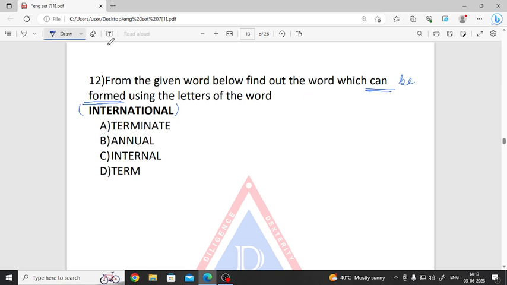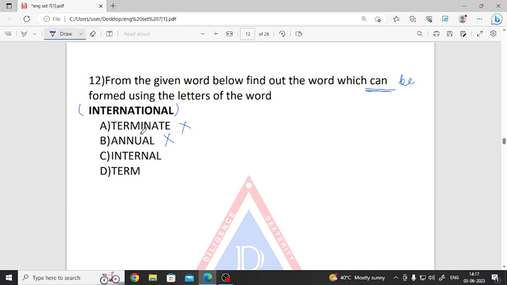So let's see. What is the first word? Terminate. So we have T E R M. Can we see M? Terminate cannot be formed. Next, annual, A N N. Can we see U? That means annual is also not possible.